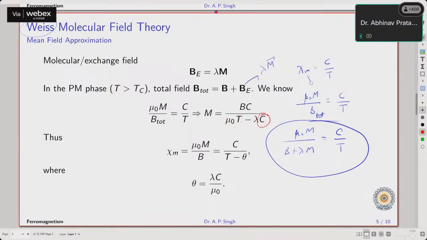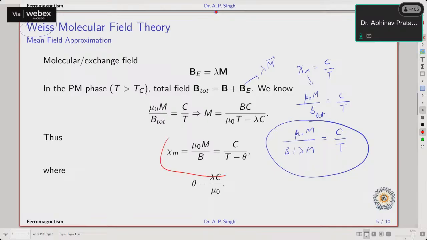So you get this value of M, and now you can find out the magnetic susceptibility. What is magnetic susceptibility equal to? Mu naught M over the applied field. So if you do that, what you find is that the susceptibility is given as C upon T minus theta, where theta is equal to lambda C over mu naught.